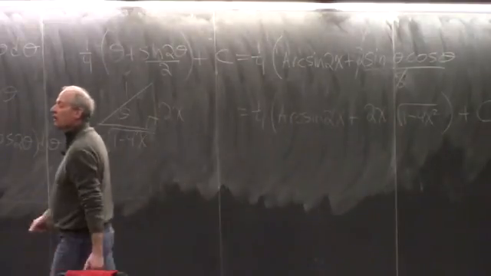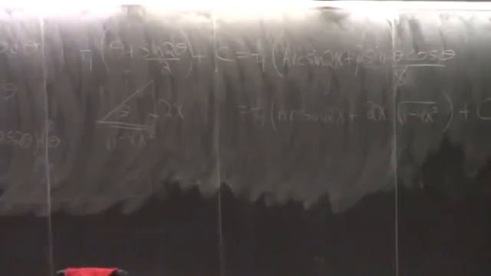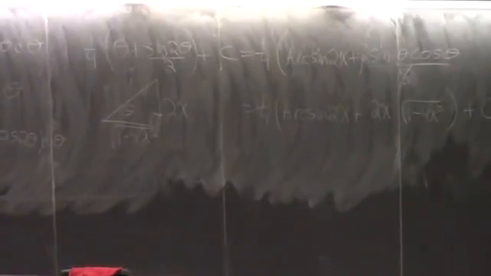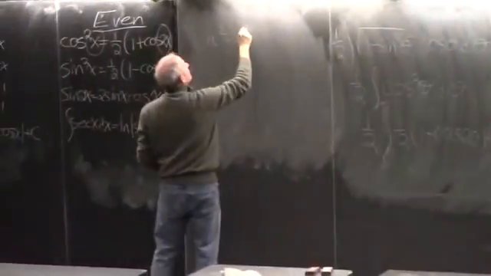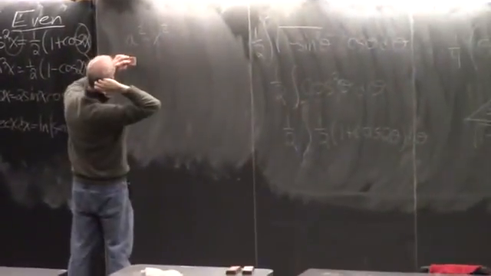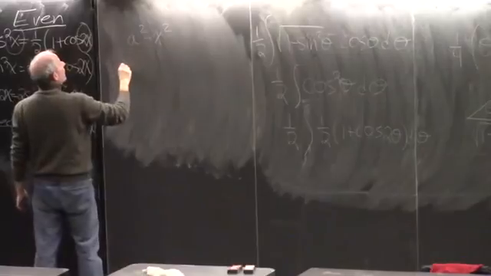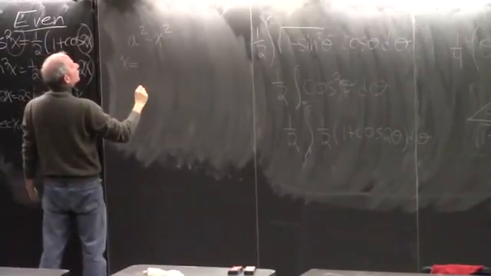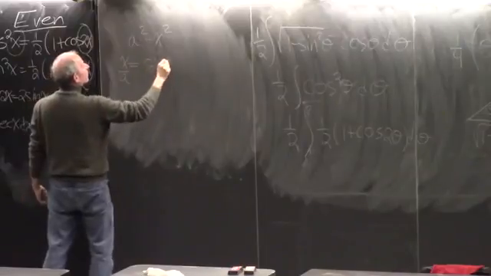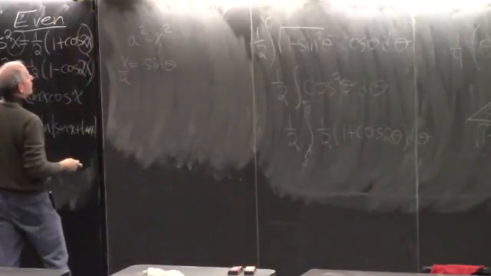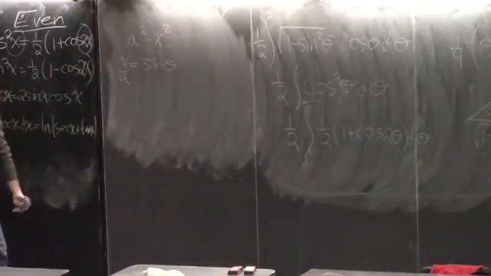So how do you know which substitution to do? Well, there's basically 3 sets. We only did 2 of them today. If you have a squared minus x squared, you're going to let x over a equal sine theta.